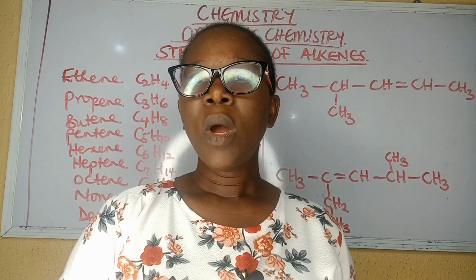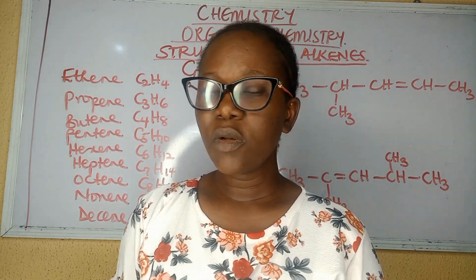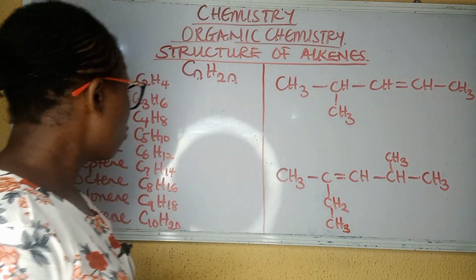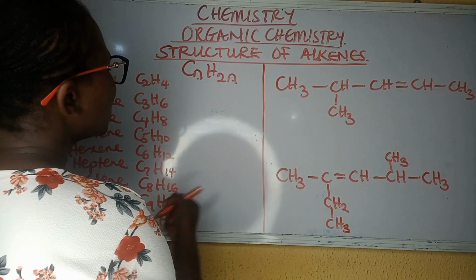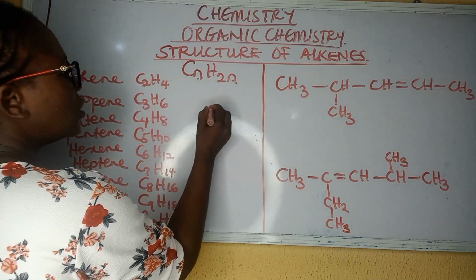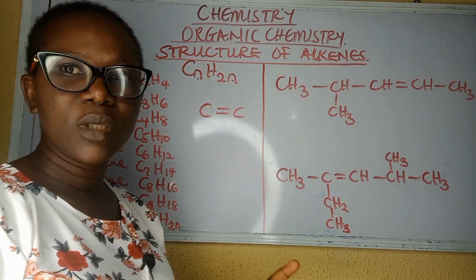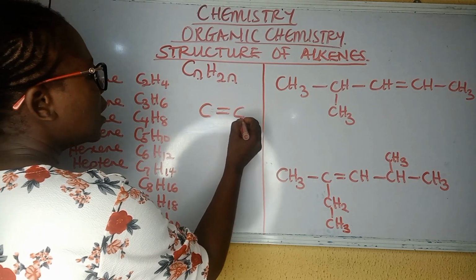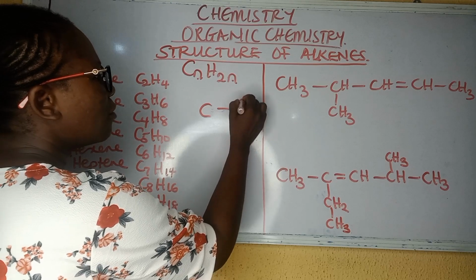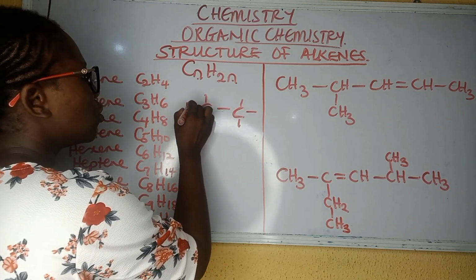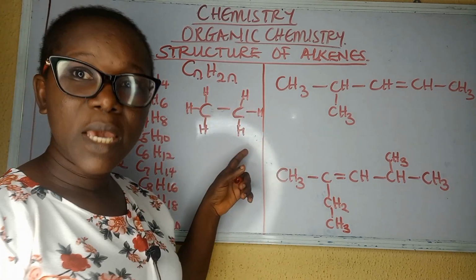Now, I'm going to be drawing the structure of some members of this homologous series for you. I'll pick butene as an example and ethene. Now, let's start with ethene, which has 2 carbons. C double bond C, because it is unsaturated, it has a double bond. Assuming we have 1 bond here, we are supposed to have 3 hydrogens or any other element attached to this point, as in alkanes.